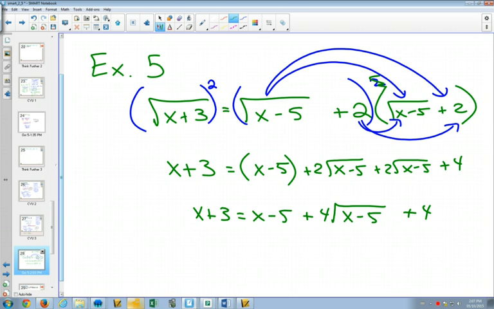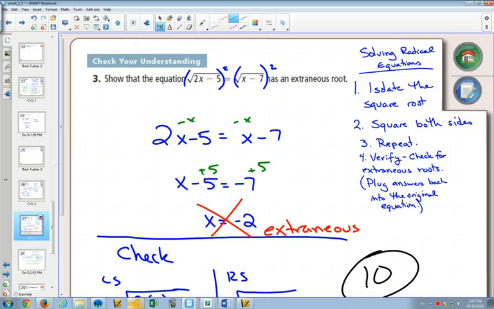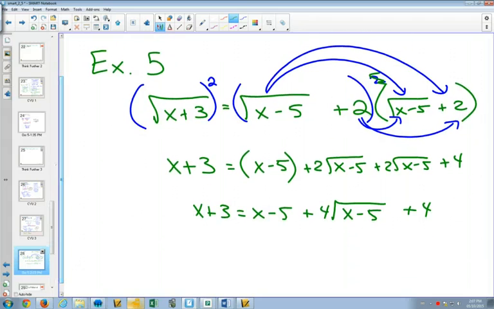So when we look at our instructions, this is the first time that we're going to have to use step 3, where we have to repeat, because we still have a square root. So we're going to have to go back to step 1, isolate that square root, and then square again. So there's my 4 root x minus 5.